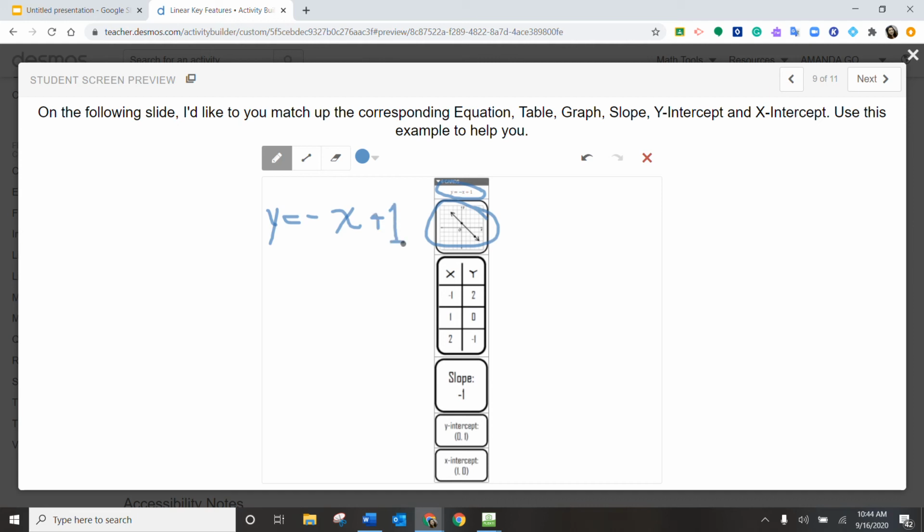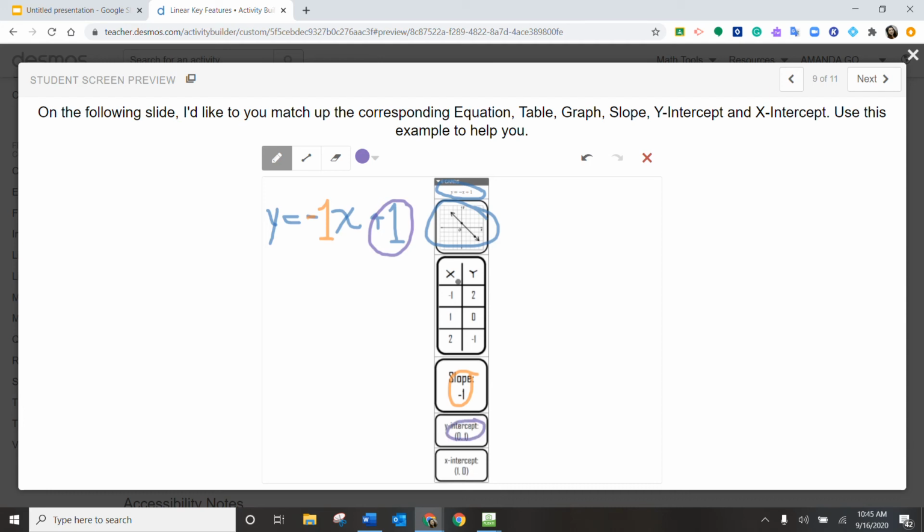So it's implied that I have a slope of negative 1. So here's my slope. And then, of course, my y-intercept would be (0, 1).